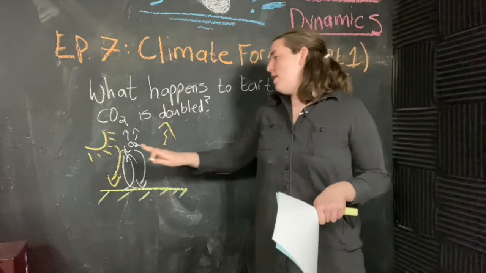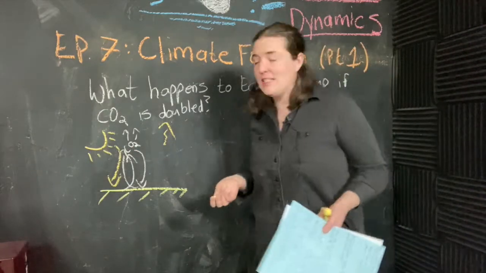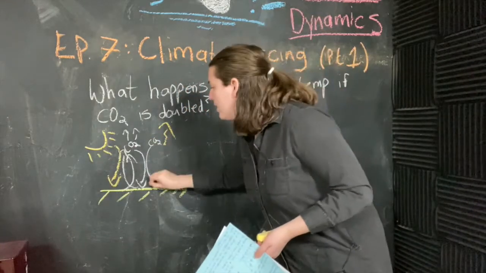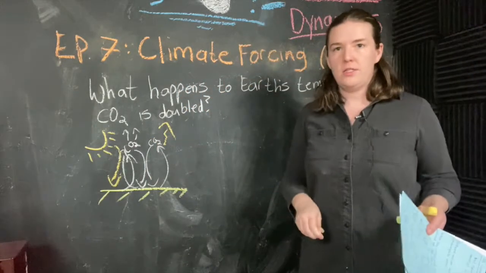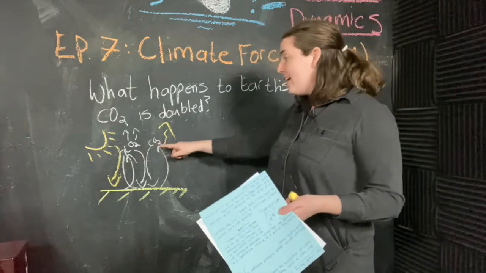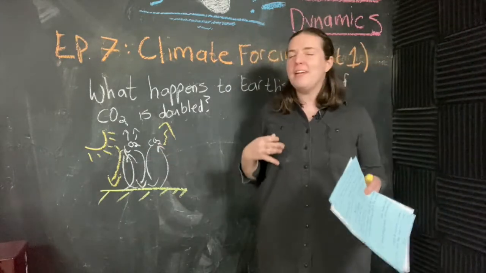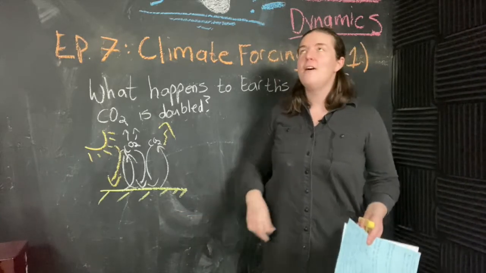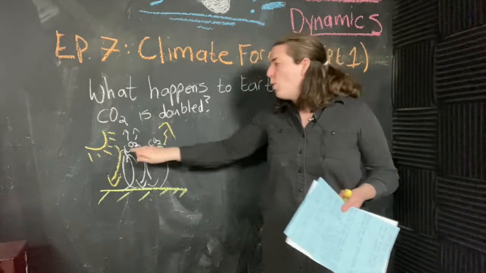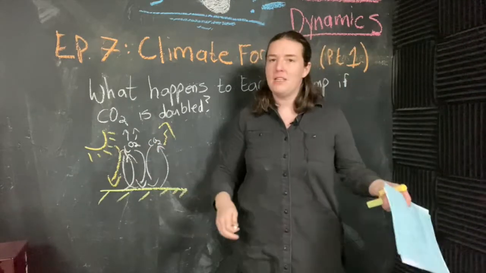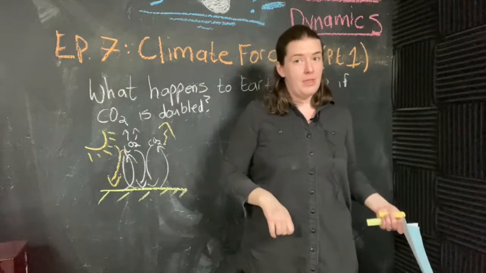It makes sense that if we just add more CO2, we'll get more of this process. The more things there are to intercept that outgoing longwave radiation from the Earth's surface, the more radiation gets redirected back to the surface, thus heating it up.